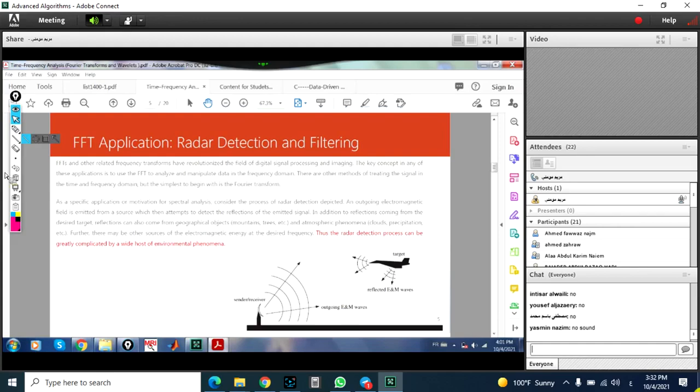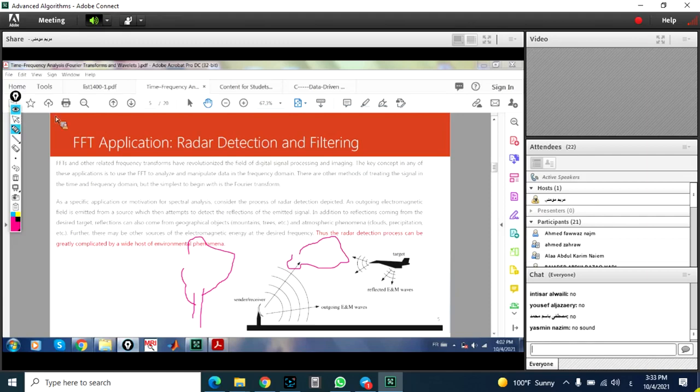In the real world, we have clutter, trees, and other targets, and they may also reflect the electromagnetic waves. So the received waves here are not related only to the target.